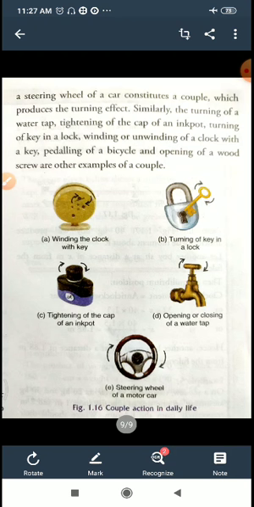Similarly, the turning of a water tap, tightening the cap of an ink pot, turning a key in a lock, winding or unwinding a clock with a key, pedaling a bicycle and opening a wood screw are other examples of a couple. On both sides the forces are the same amount but opposite in direction, so that rotational motion can occur.